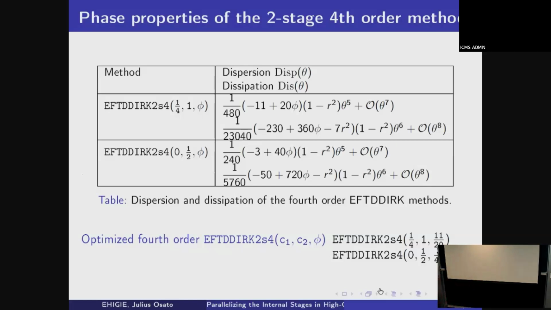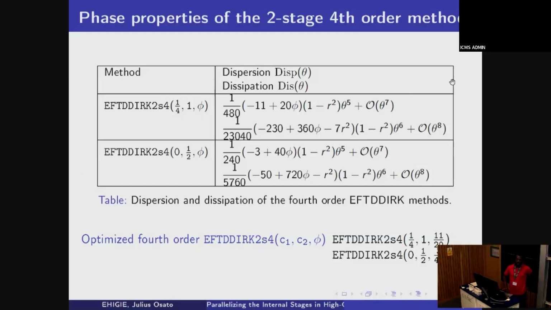And if we cancel the second one and make the second one to be 3/40, we can actually have a dispersion error of order 7-2. So we chose those two constants against choosing some other constants for our numerical experiment, just to show the advantage of the optimization.